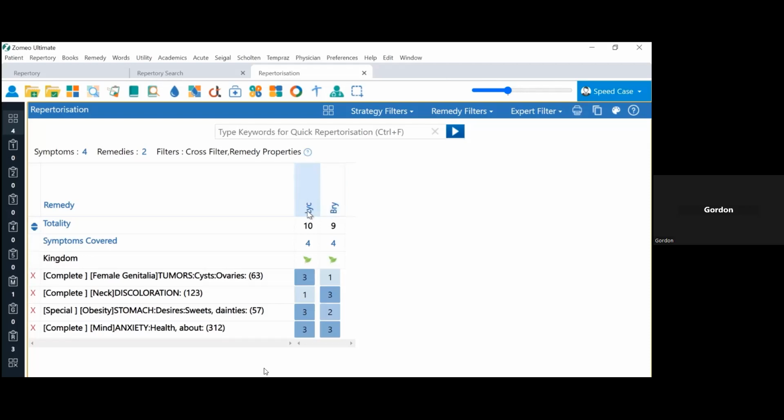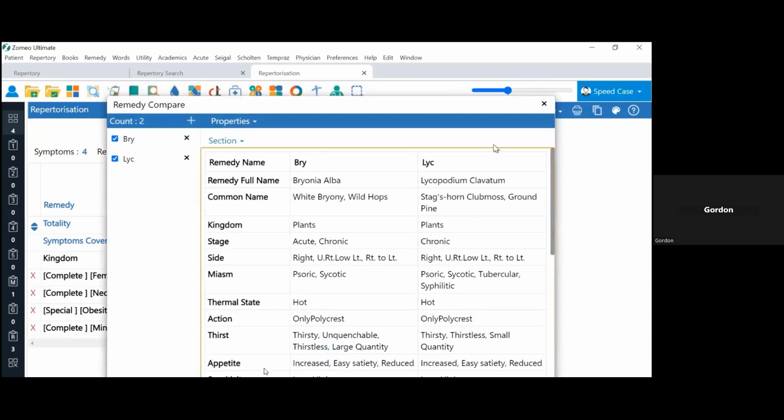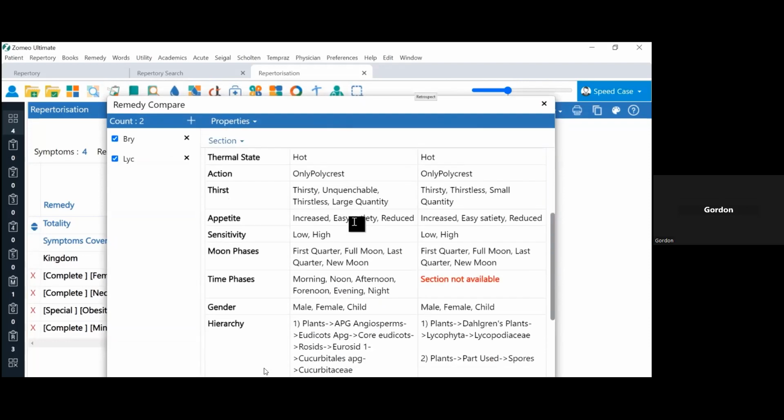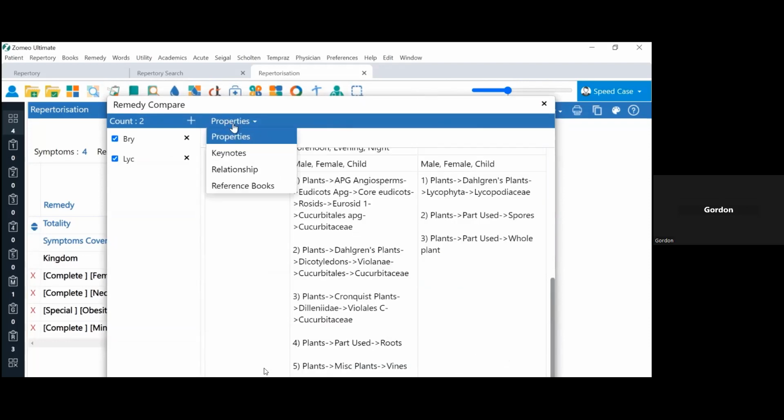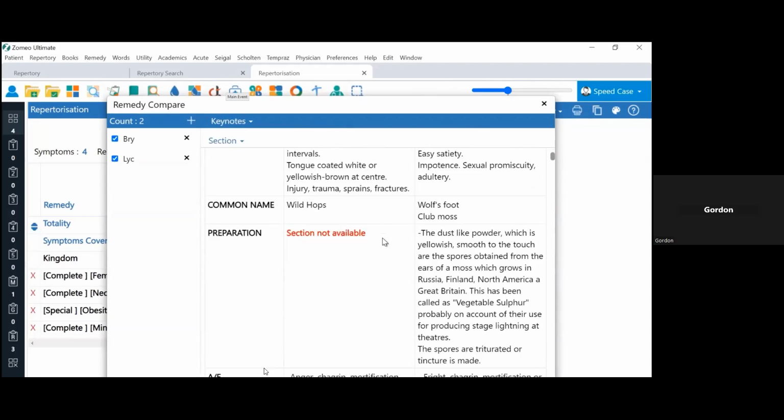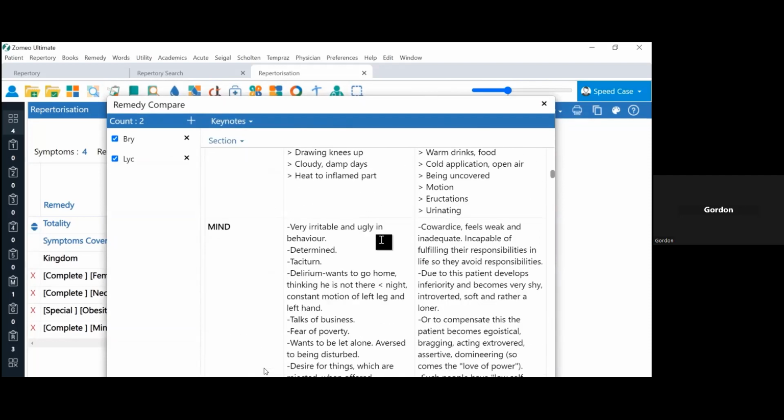So all I do is do a right click and I select add to compare. Again, I do a right click on the name of the other remedy and I select add to compare. And now I just click on compare. So now, as you can see, I can now compare both the remedies side by side, and I can now decide which is the best remedy for my patient.